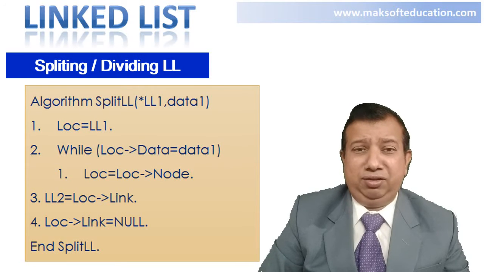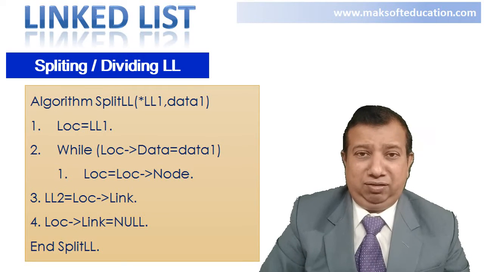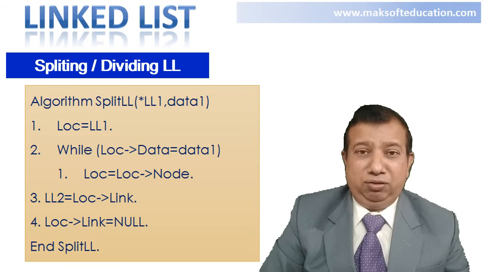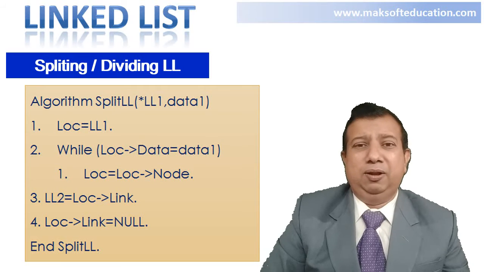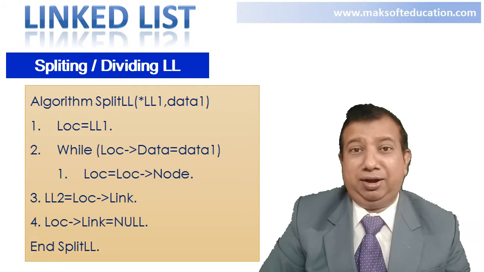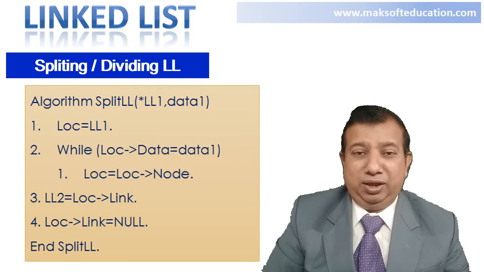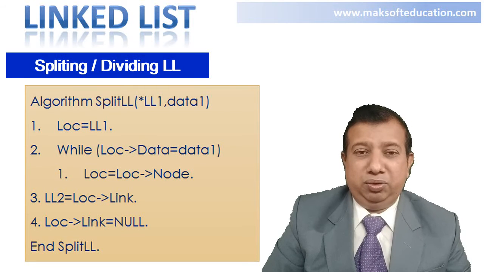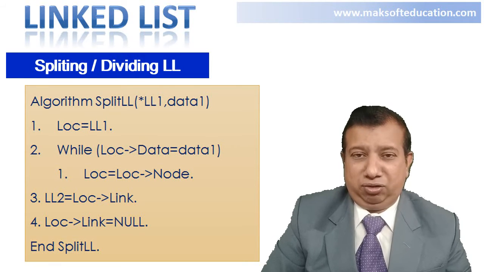Now there is one limitation in this splitting. Suppose the particular data exists twice or thrice in the linked list. Here we are just dividing the linked list on the first occurrence of that data. If you want to split this linked list into many sections whenever that data appears, then we can call this SplitLL again inside a looping part, and we can create a nested structure.